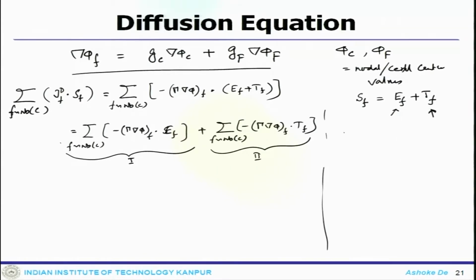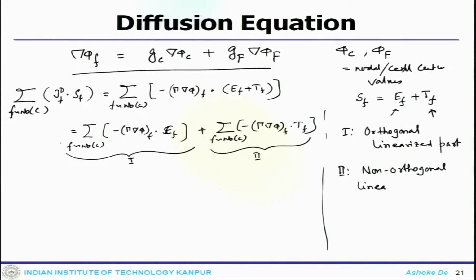Term 1 is the orthogonal linearized part or contribution, and term 2 is due to the non orthogonal linearized part. Okay. So, we get two different contributions as expected.